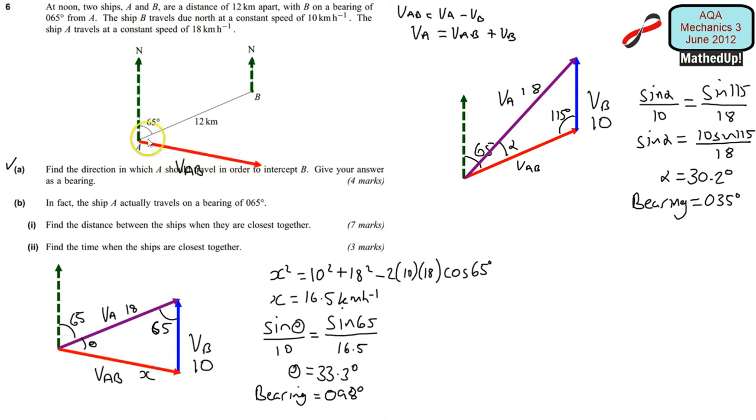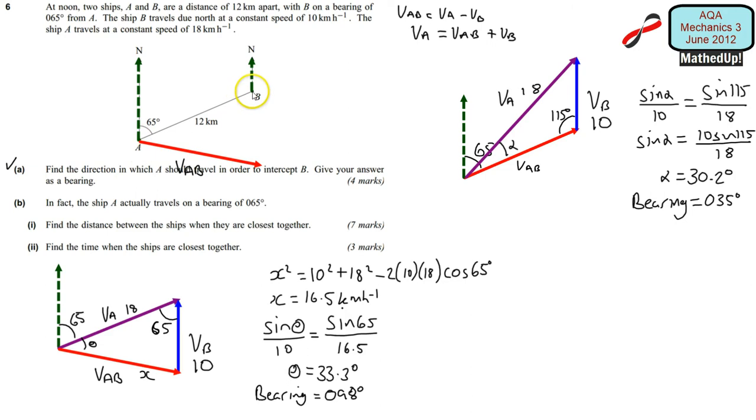So this is now my distance diagram, and I know that with B as the observer, it's going to appear that A is going off in this direction here, and what we're looking for is when this is going to be closest to B.